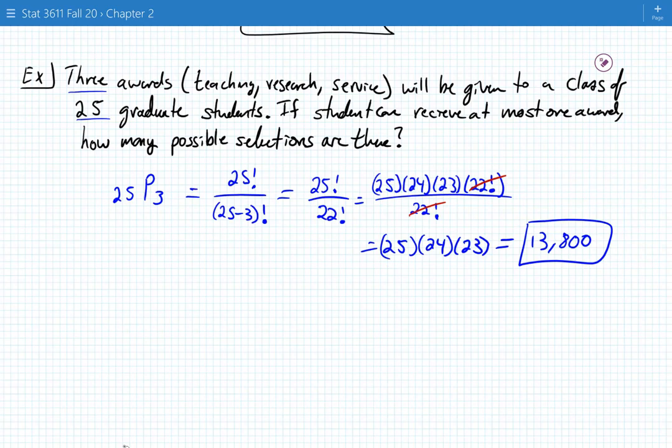So you can think of it in either way. You could think of it as a permutation, 25P3, or you can think of it as a 3-stage multiplication rule question where you choose 1 student first. There's 25 students to pick from. Once that student has an award, they can only get 1 award. So the next stage, there's only 24 left. Then there's only 23 left. And you've chosen all 3 awards and you're done.